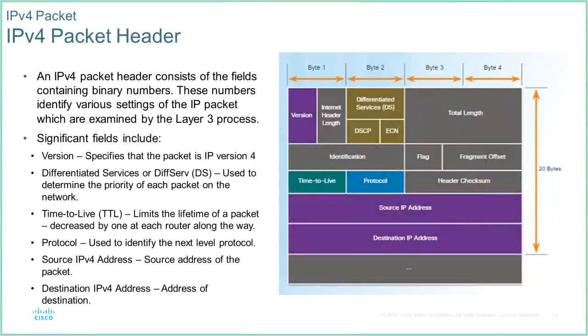So that way, if the packet is caught in a routing loop, eventually the traffic will be dropped off and it won't continue to escalate. The protocol field is used to identify the protocol that it needs to talk to in the transport layer. Then we have the source and destination IP address. So the diagram is 32 bits in width, and basically this entire header is 20 bytes in size.